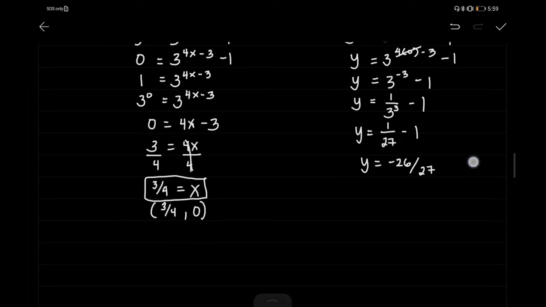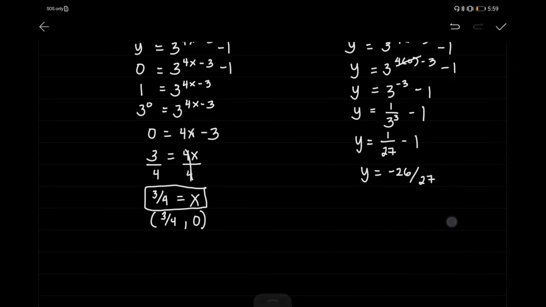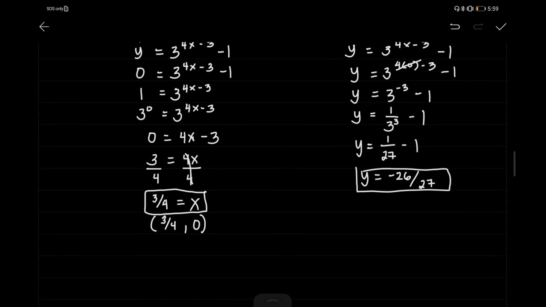So, therefore, yung point of intersection natin, kung ang y value natin is negative 26 over 27, is located doon sa ating x na 0 at yung y natin is negative 26 all over 27. Okay? So, this is the point of intersection.